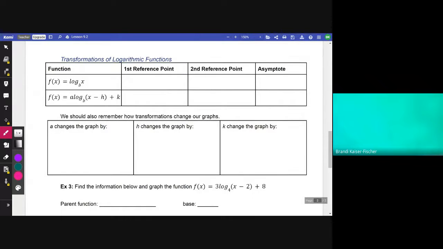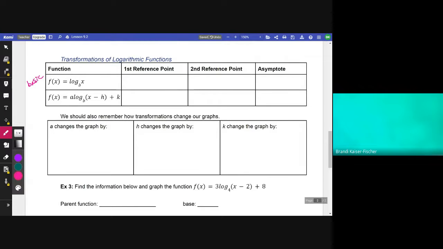Okay, so we're going to have some rules as far as finding our reference points for logs. Just like we had rules to find reference points for exponentials, same thing applies when we have logs. So if we take a look at the basic functions, remember we have basic functions and we have extra functions. Let's say that this first one is basic because it's just log base b of x.